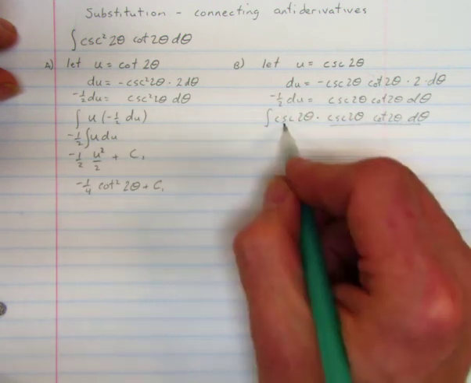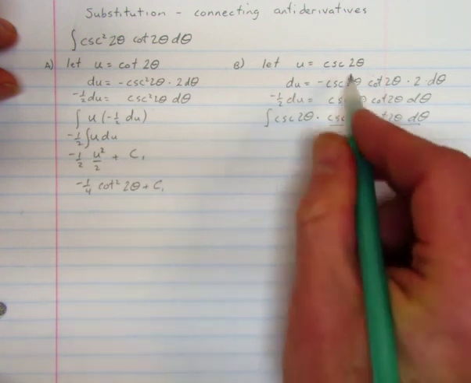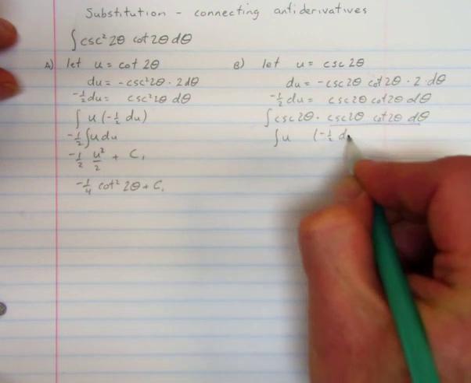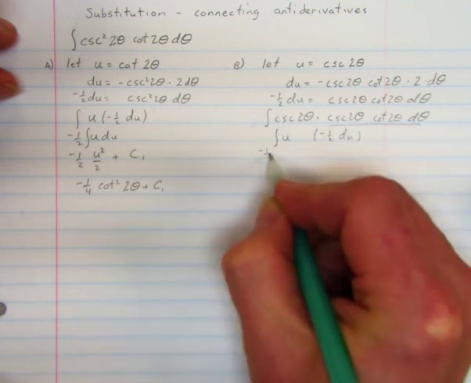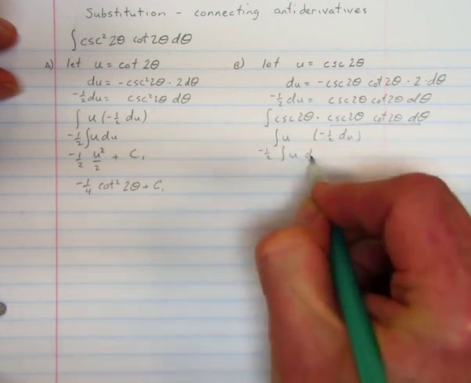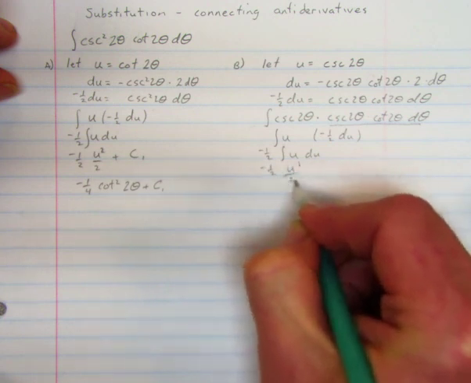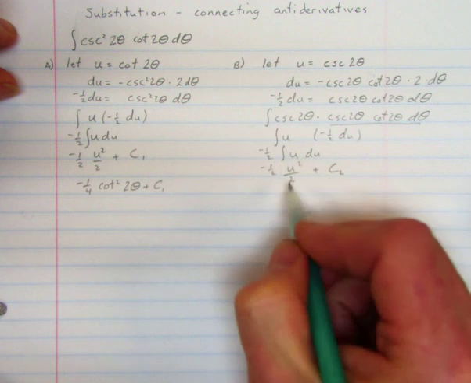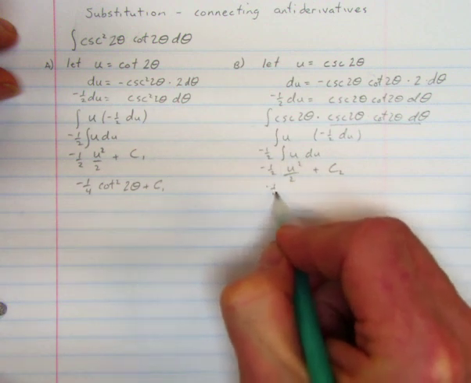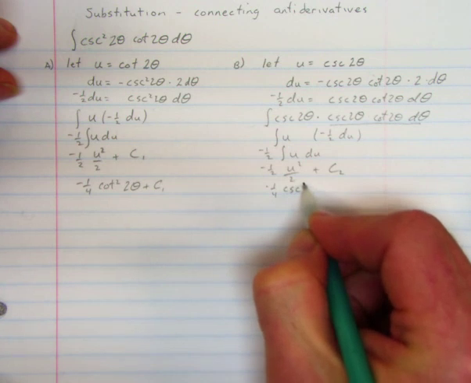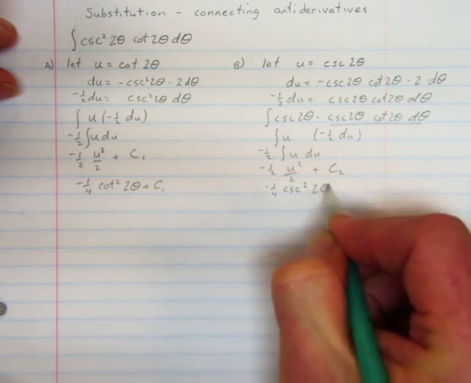And then we have cosecant of 2 theta, that's our u. So this becomes u times negative 1/2 du. So we have negative 1/2 the integral of u du, negative 1/2 u squared over 2 plus some constant c2, negative 1/4, and u this time is cosecant, so it's cosecant squared of 2 theta.